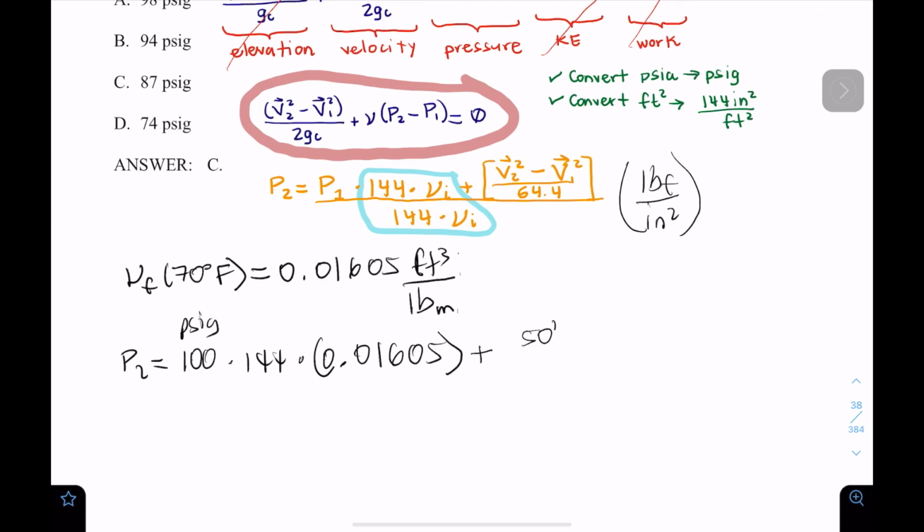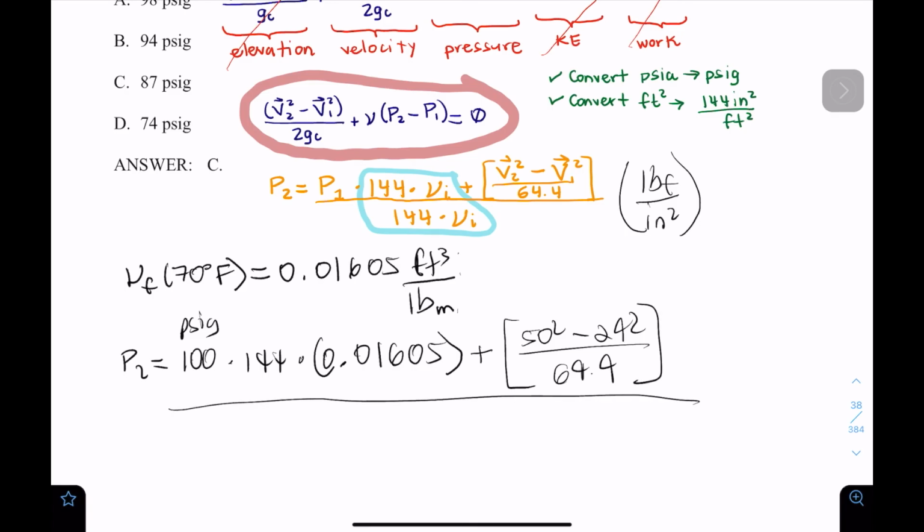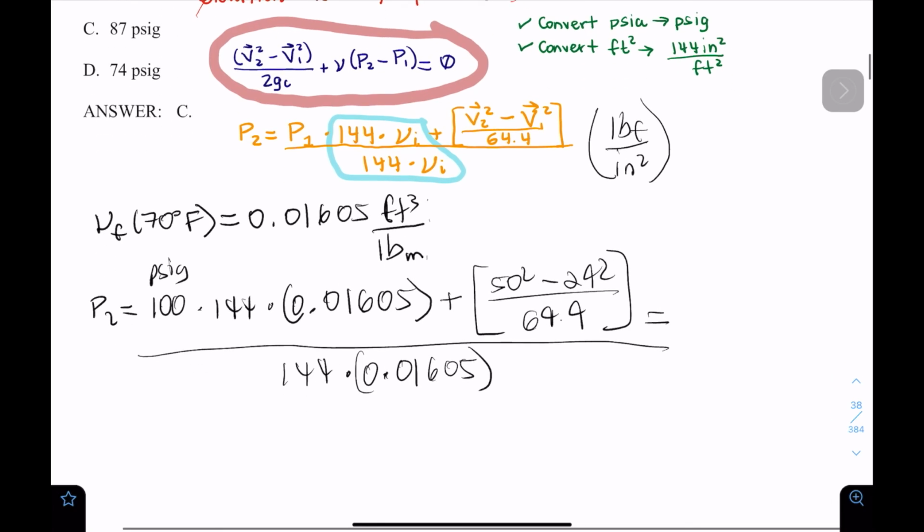So this one will be 50 squared minus 24 squared, over 64.4, over, and it's going to be the same as this one, 144 times 0.01605.